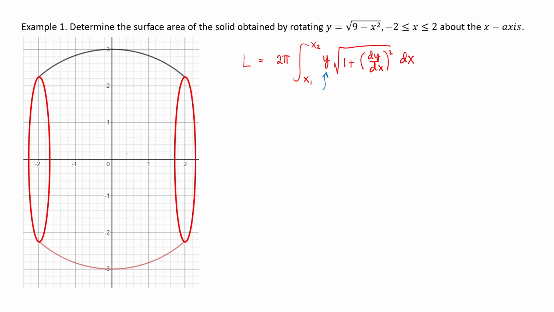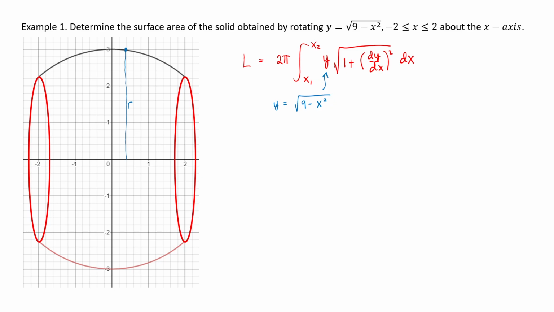The radius of your semicircle, since it's touching this line, will be your y. So the radius is touching this particular line, which is equal to square root of 9 minus x squared. Okay, so we already solved the y parameter.